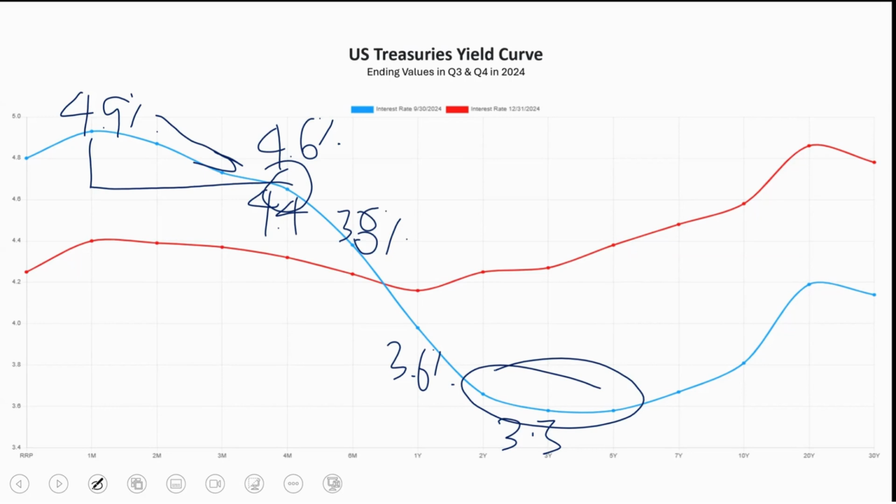If we take a look at the red line, that is what interest rates were effective the end of the year. And you can see that's basically flat, and then it starts to go up at the end, which we'll talk about as well. The basically flat line starts at around 4.4 because interest rates had already fallen. But the expectation is interest rates are not going to fall a lot more.